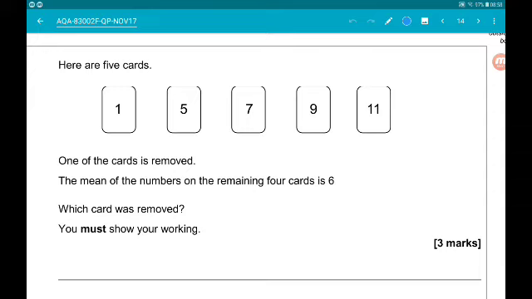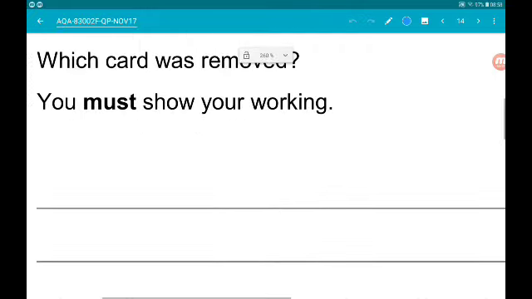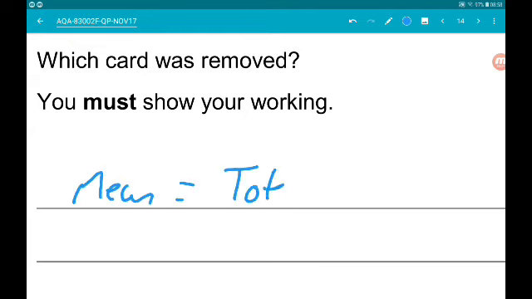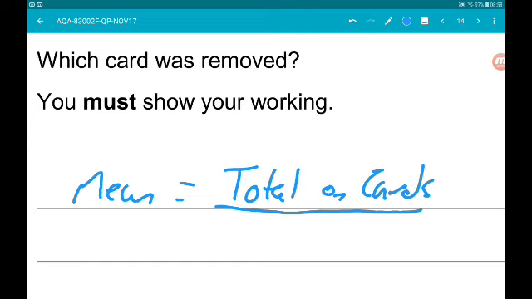Okay, question 18. Here are 5 cards, 1, 5, 7, 9 and 11. One of the cards is removed. The mean of the remaining cards is 6. Which card was removed? You must show your working. Okay, so remember to work out mean. Mean here would be the total on cards divided by the number of cards.